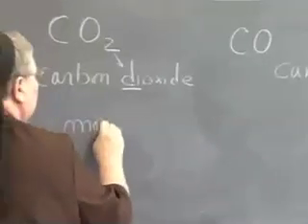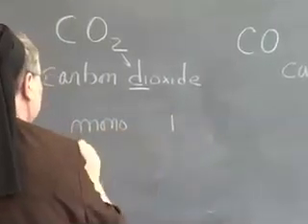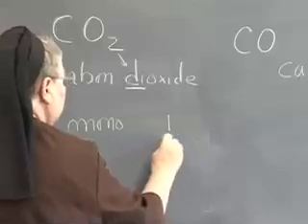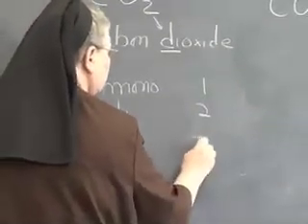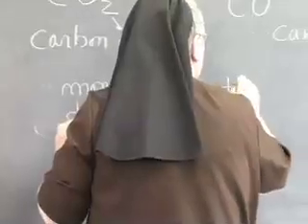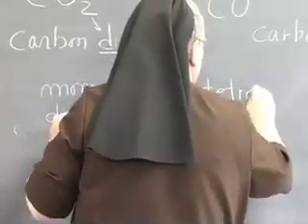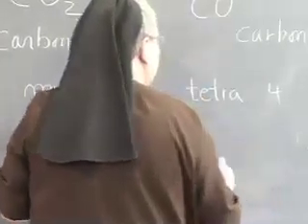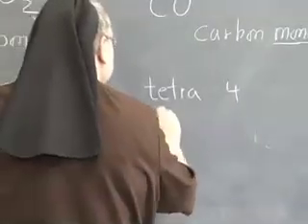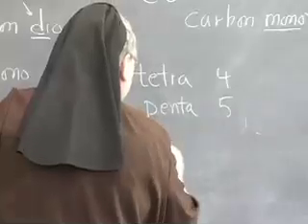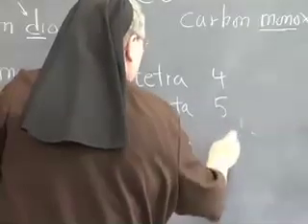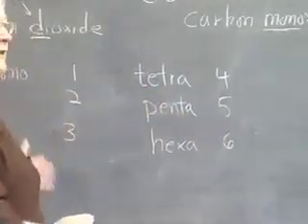Mono is for 1, di for 2, tri is for 3, tetra is for 4. These are from the Greek. And penta is for 5, and hex. So we won't have to go much further than that.